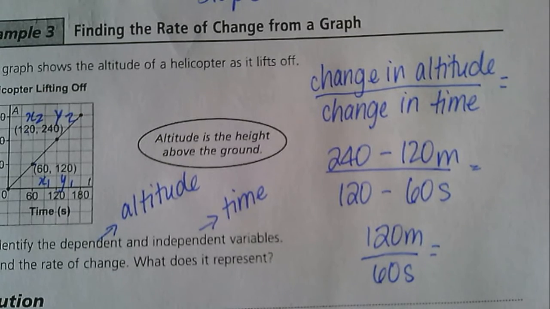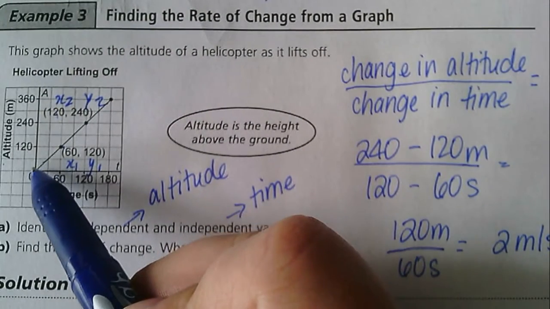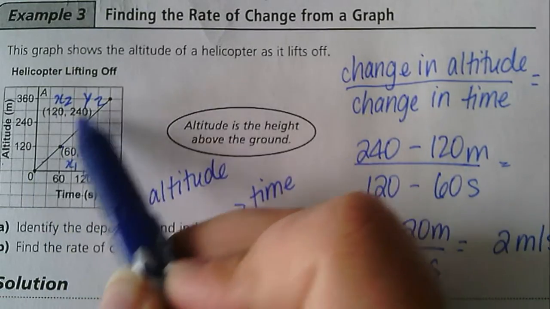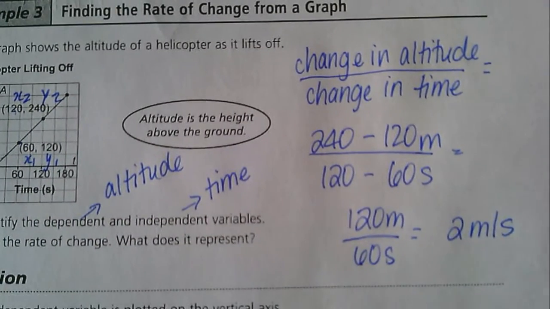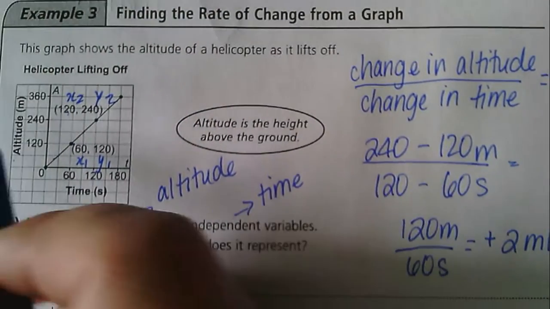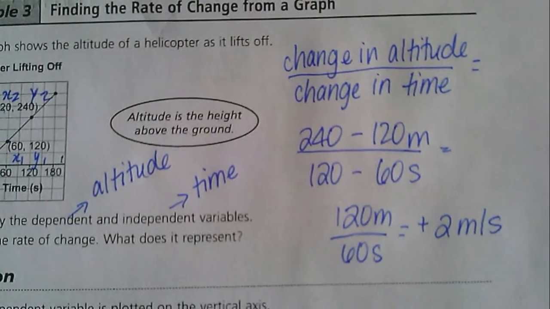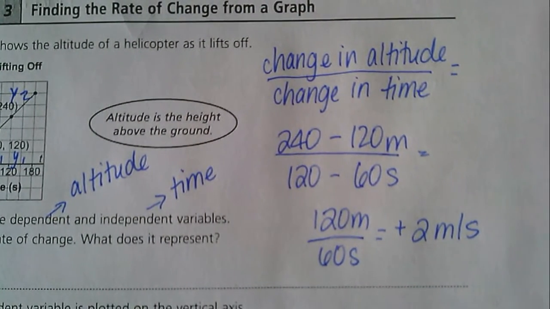If we put that into lowest terms, we end up with 2 meters per second. Since our graph is going up to the right, this is actually a positive value. If our graph was going down, we would end up with a negative value. So we have positive 2 meters per second.